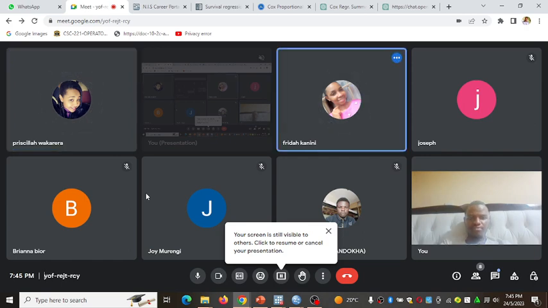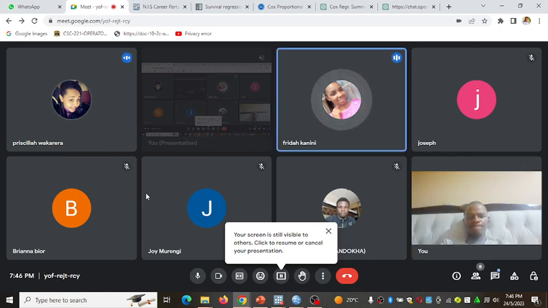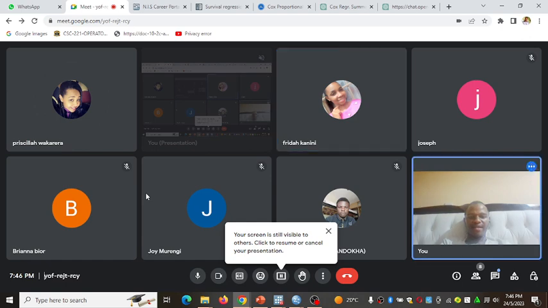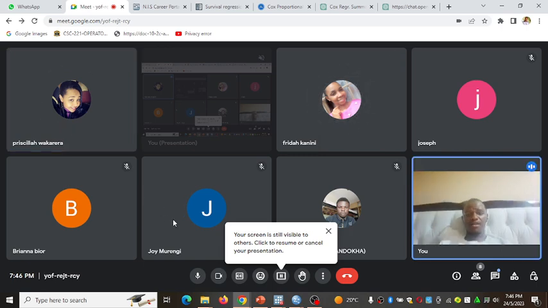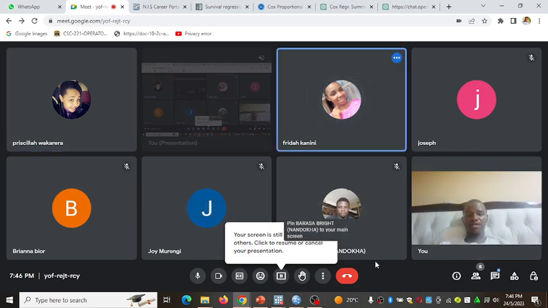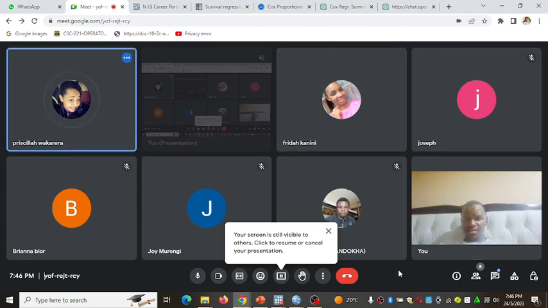Just type clear hapo kwa memory, kwa command, then enter. Type command clear, then enter, click enter. I click enter where?